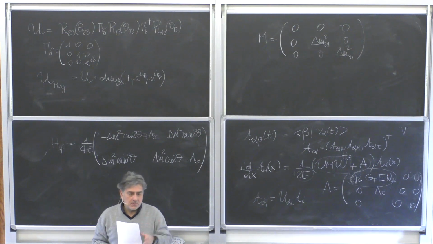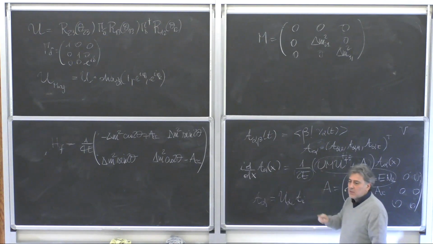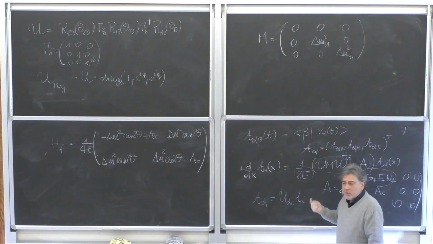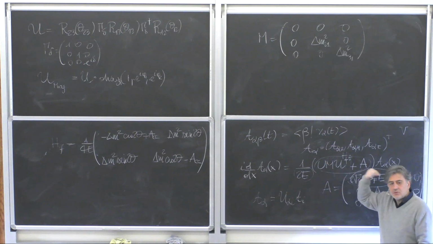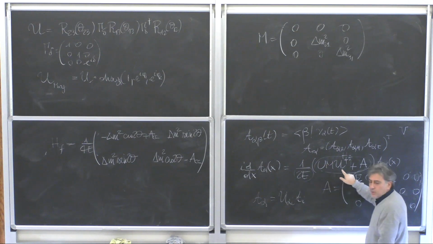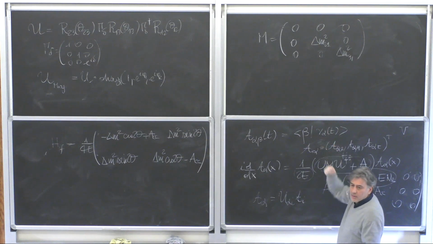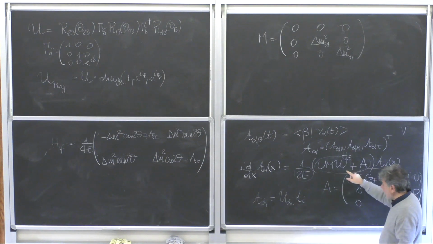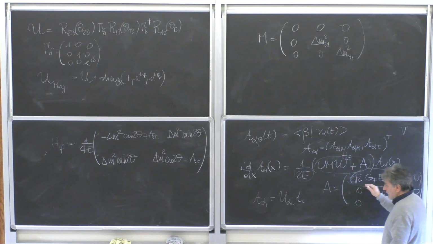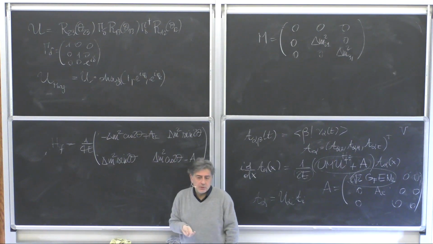In 2 generations, the mixing matrix is real and depends only on 1 parameter. If you do the calculation, you take this rotation matrix, cosine theta, sine theta, and do this product. This M now is 0 and delta m squared, only 1 delta m squared. You add the 2-dimensional potential term, and you subtract something proportional to the identity.